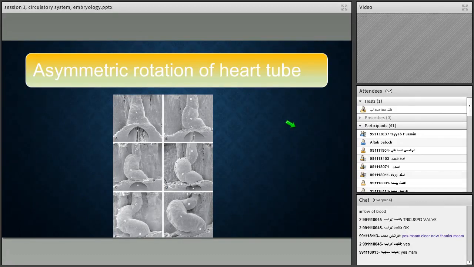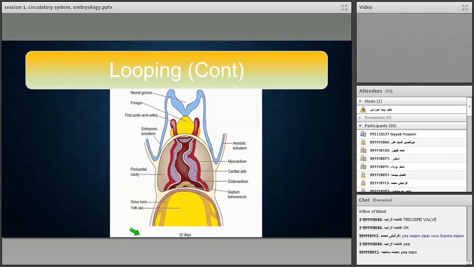This slide is also showing the rotation of the heart tube. This is the ventricle, and this is the atrium part. In this part also you can see the looping of the heart.